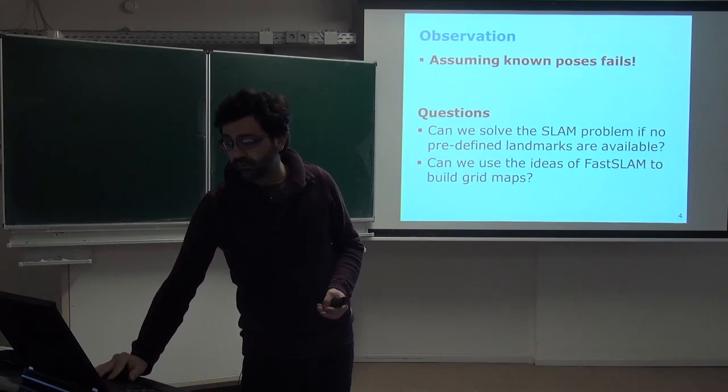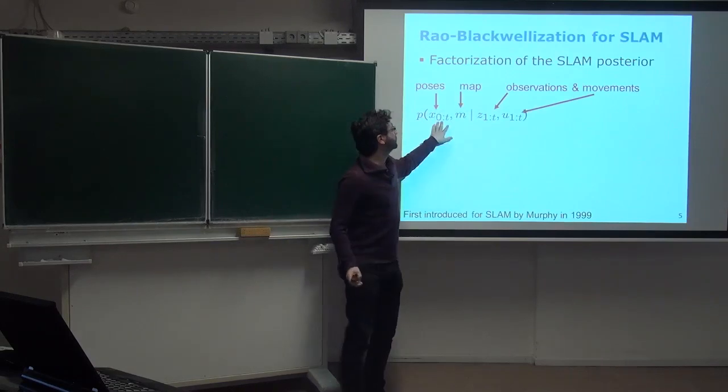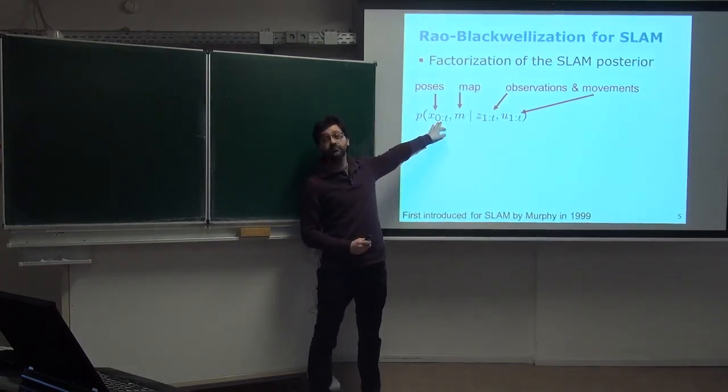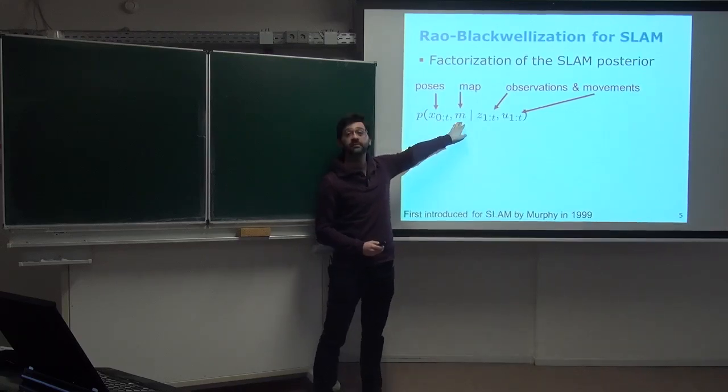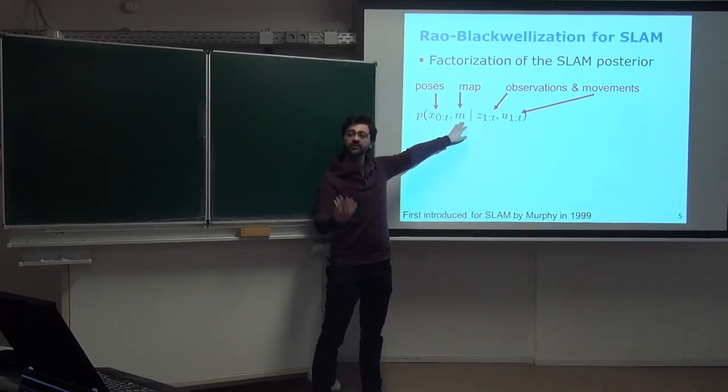If you remember FastSLAM, we look at the full SLAM problem, so we estimate the full trajectory of the robot and the map. Before, this was a set of landmarks, and now this is a full occupancy grid map.